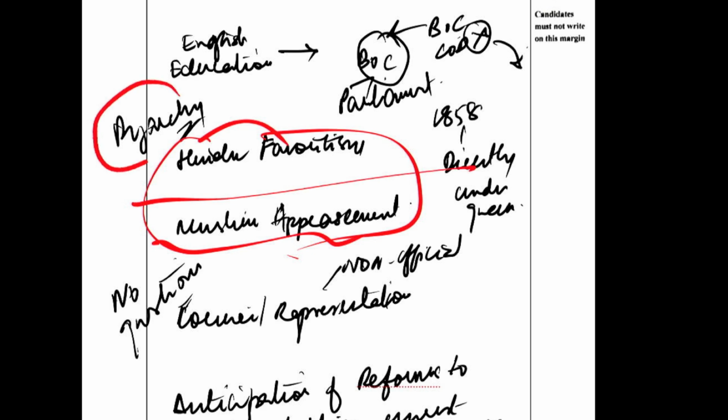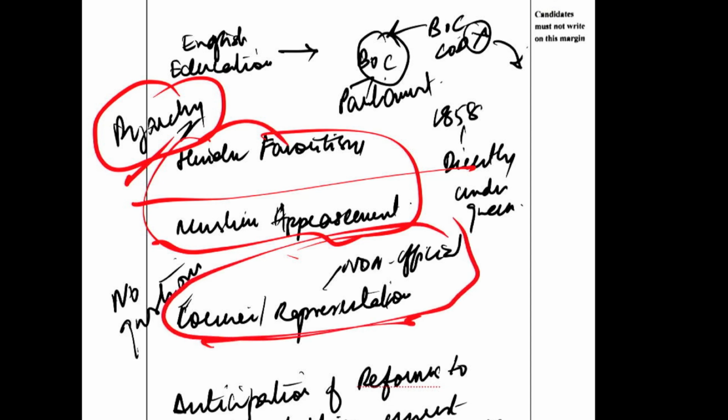So I wrote diarchy, but now I understood it's not about the entire British duration. We're talking about consolidation, perhaps the earlier times. But I will also maybe write the non-official council representations, and token representations and such being given.